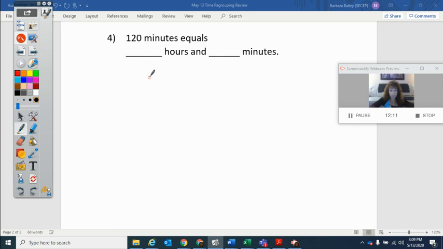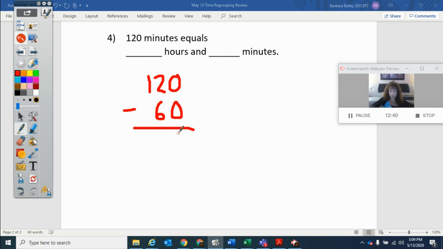So I'm going to start with 120, and I'm going to subtract 60, because there's 60 minutes in 1 hour. So I'm trying to find out 120 minutes, how many hours and how many minutes is that? So I'm going to subtract 1 hour, which is 60 minutes.